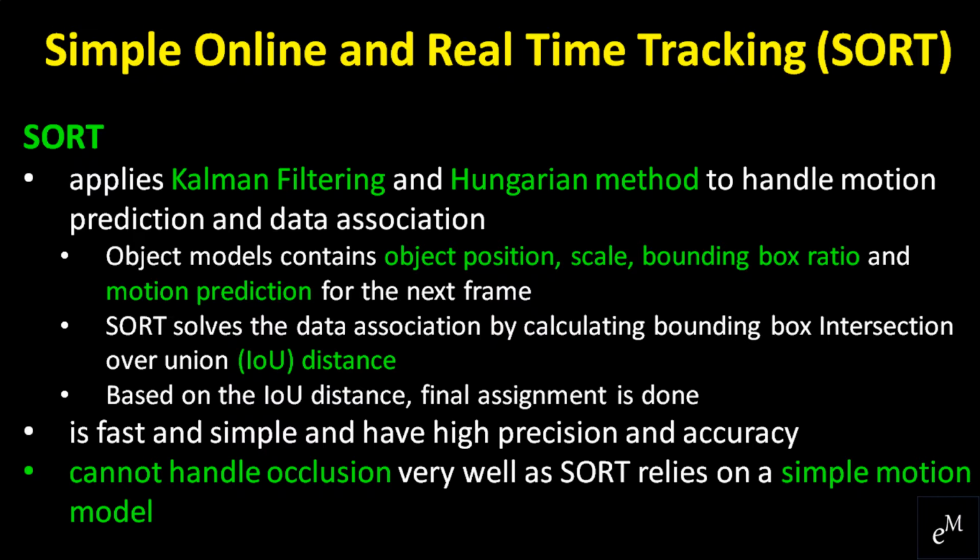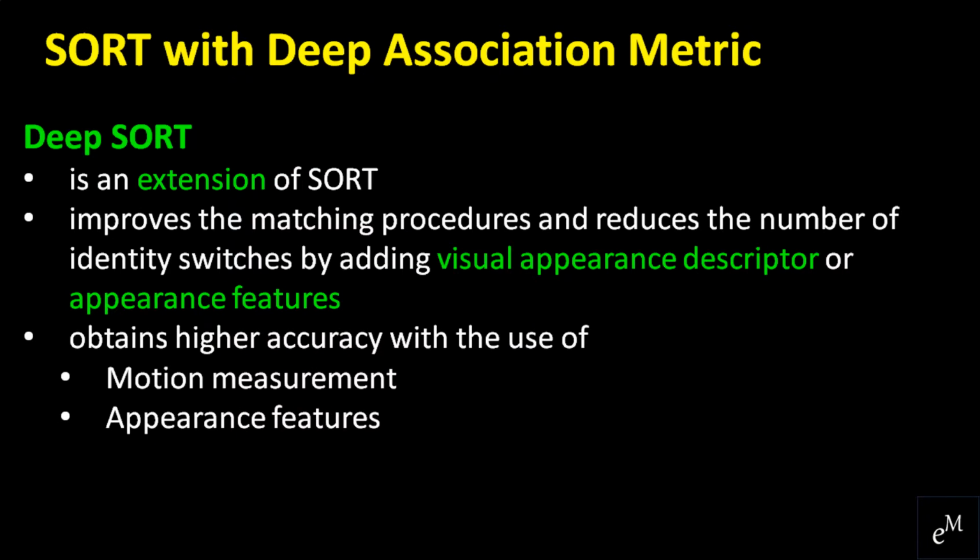SORT is fast and simple and has high precision and accuracy. But the problem with SORT is the frequent ID switches, and it cannot handle occlusions very well because SORT simply uses a simple motion model. Because of that, this motivates an improvement of the SORT algorithm and the development of DeepSORT.